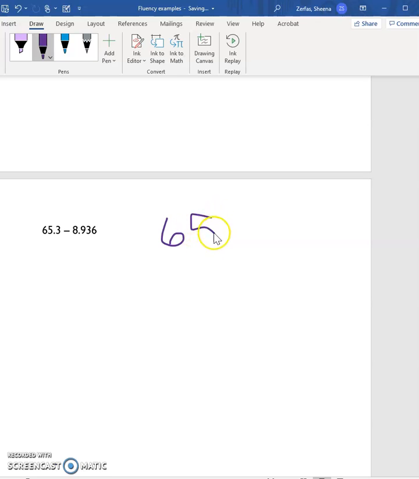When you're adding or subtracting, you need to keep in mind your place value, which means I need to align the right place values with each other. Okay, so the decimal point should be directly underneath. This way, when I put in my digits, for example, this 5 is in the ones place, so I'm matching it up with the 8 that is also in the ones place.